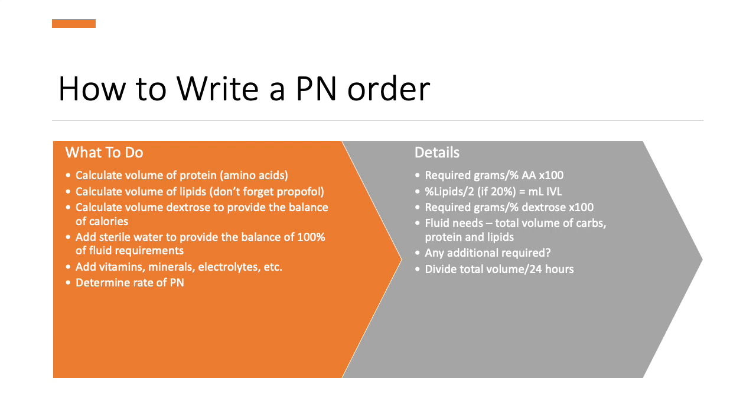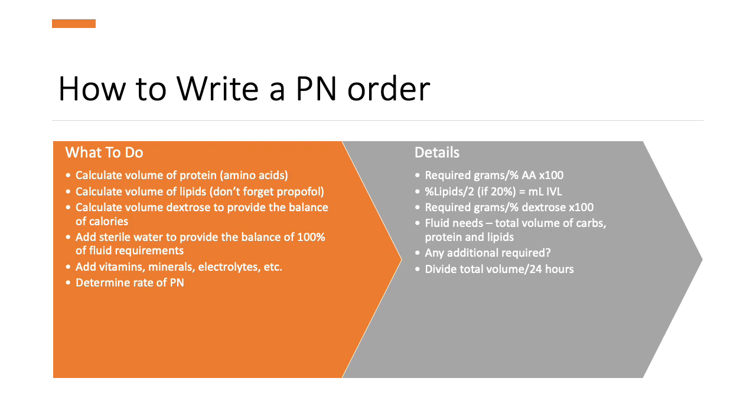Step 6, we're going to add electrolytes. So, like I said, for the purposes of this class, we're not going to do electrolyte dosing, but in the real world, be aware of your calcium phosphate stability, which we will talk more about in Module 6. Step 7, we're going to add our standard multivitamins and any trace elements for specific needs.